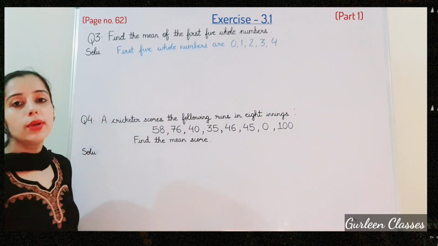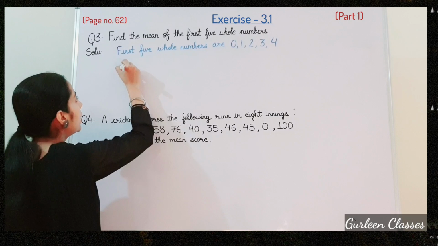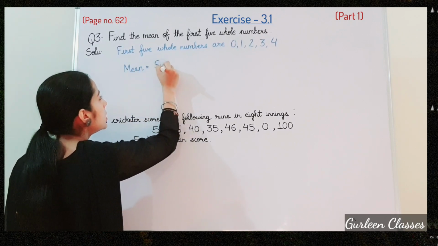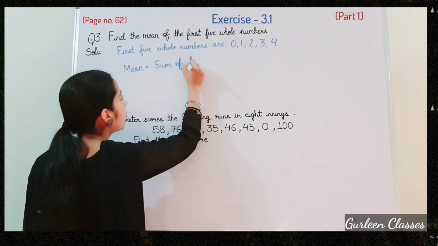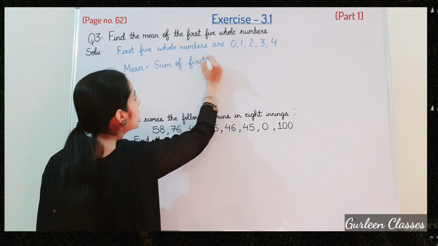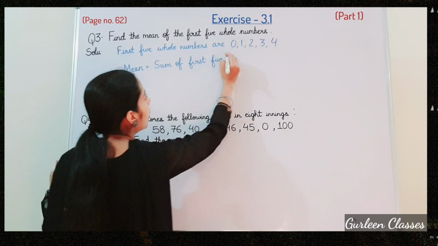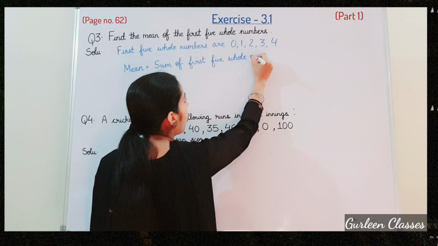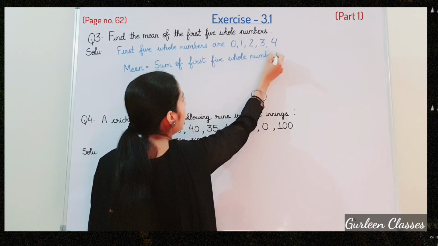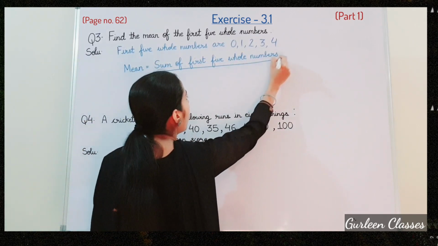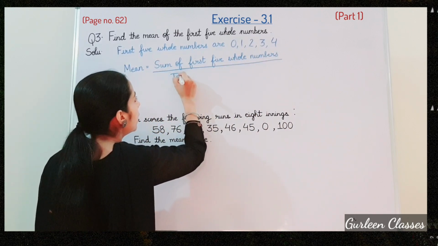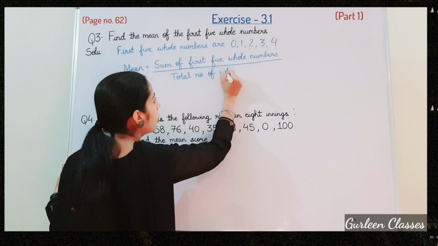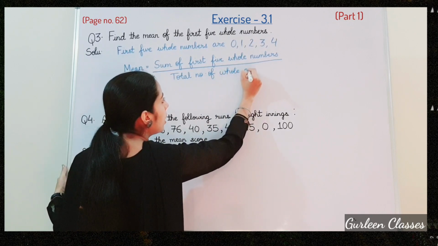We have to find out here the mean. So right here, mean is equal to sum of first 5 whole numbers upon total number of whole numbers.